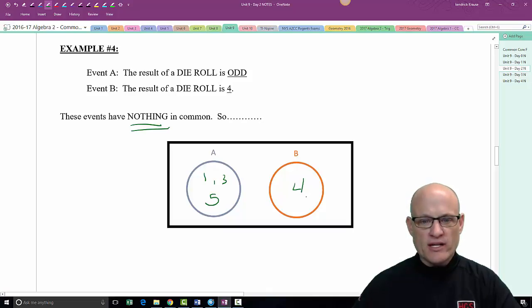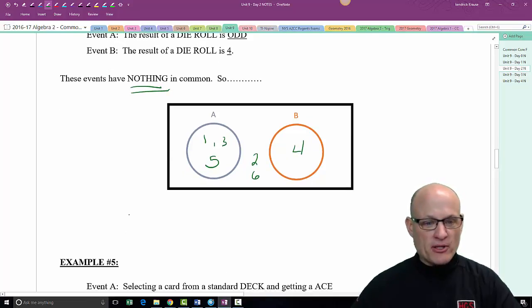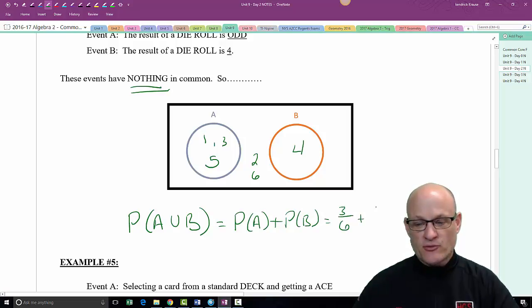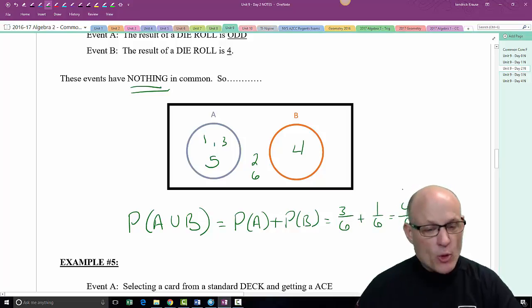Well, the other outcomes that aren't in event A or event B could be a 2 or a 6. So what is the probability of event A or B? Well, they have no overlapping events, so it is just the probability of A plus the probability of B. In other words, it is 3 out of 6 plus 1 out of 6, which is just 4 out of 6. And it's straightforward. There's no problem there.